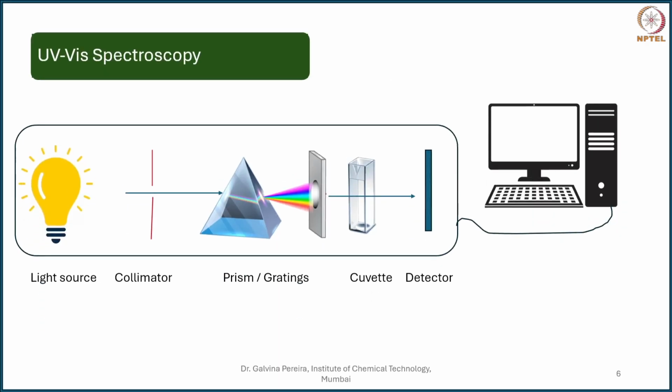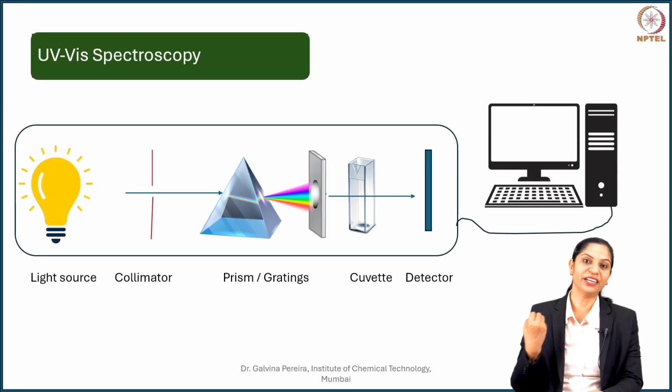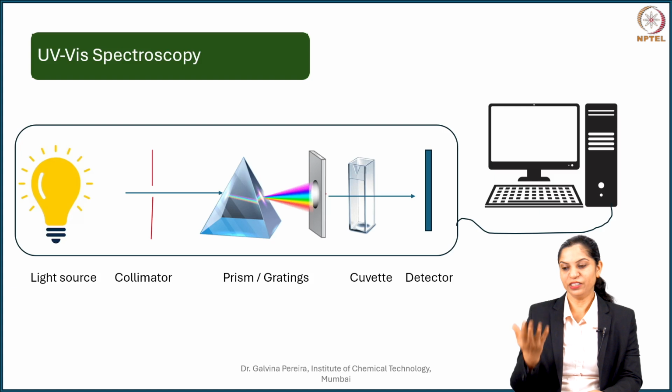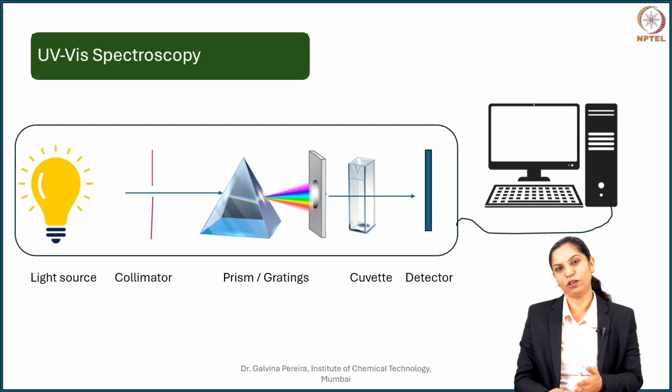So the UV-Vis spectroscopy or UV-Vis methods rely on only one parameter, and that is how much light it absorbs. So you can either measure absorbance based on how much it absorbs or the transmittance. Typically a UV-Vis spectrophotometer has a light source.